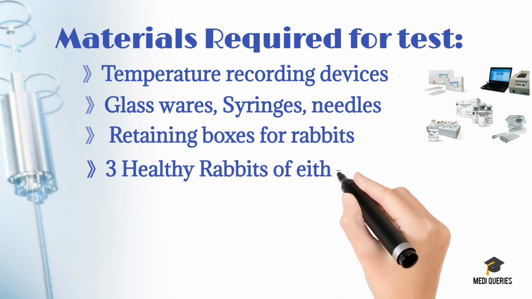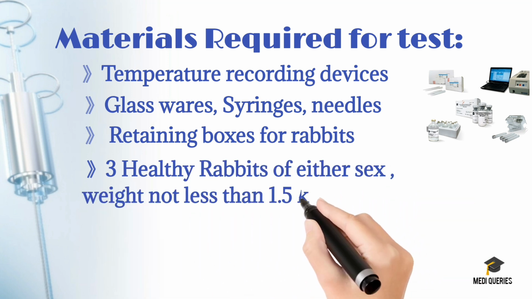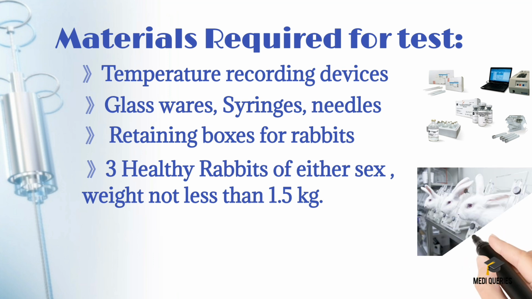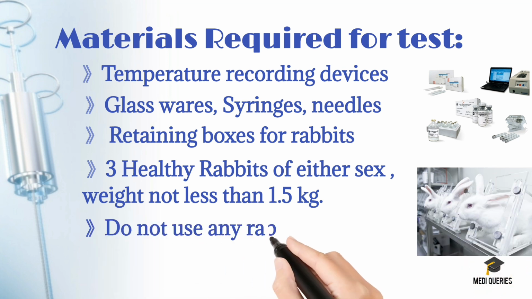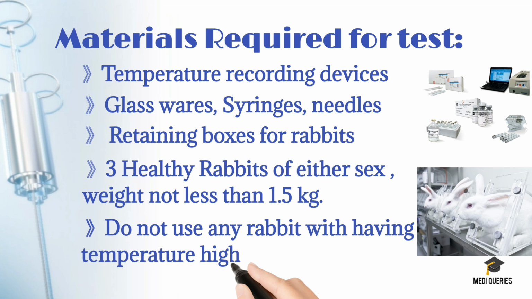Treat all diluents and solutions for washing and rinsing of the devices in a manner that will ensure that they are sterile and pyrogen free. The retaining boxes for the rabbit, in which temperature is being measured by electrical devices, should be made in such a way that the animals are retained only by a loosely fitting neck stock and the rest of the body remains relatively free so that the rabbit may sit in a normal position.